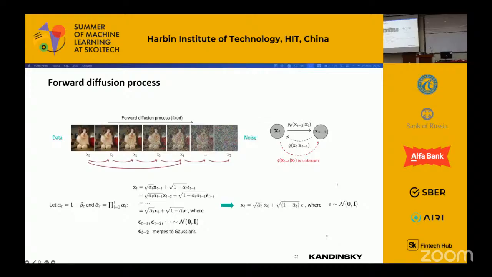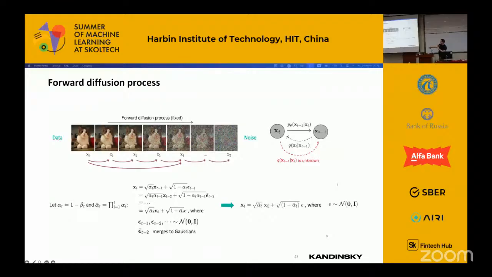You see the equations there: that's how you obtain xt from xt minus 1. Alpha t is just a constant coefficient, and epsilon t minus 1 is Gaussian noise.